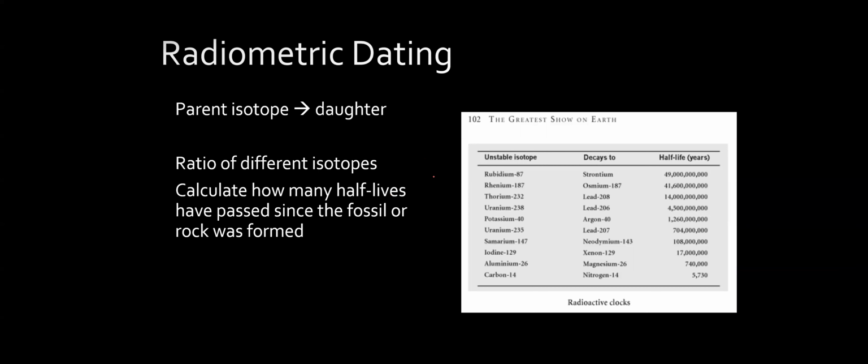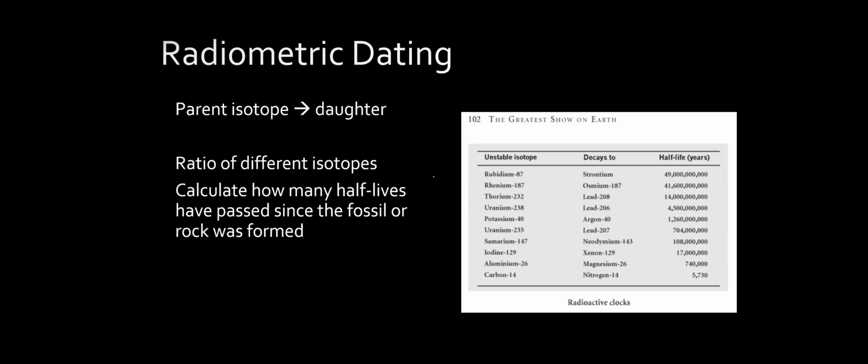Now, one of the most important uses of radiation for biology is how we date fossils. We're not talking about carbon dating. That's one method of dating some biological samples. We're talking about radiometric dating, which is the generic catch-all phrase. The idea is that we have an isotope of some element that is unstable and decays to another element, and we can measure the half-life of that decay.